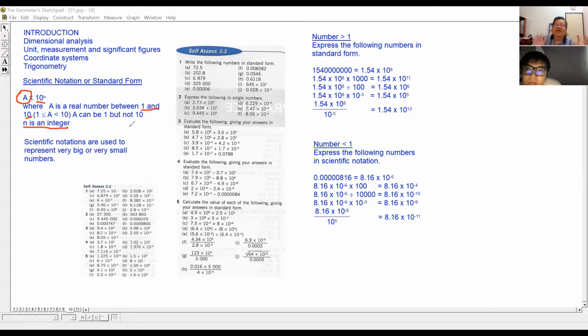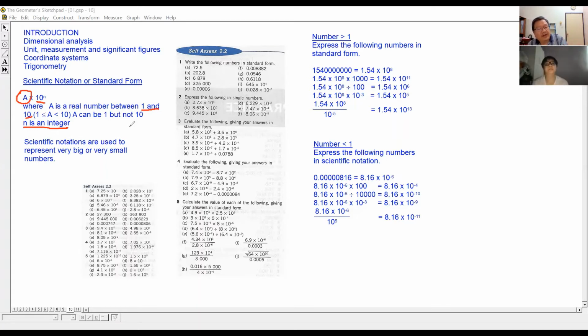A number followed by 10 to the power of something. The number in front, which we call A, is between 1 and 10. So it can be 8, it can be 9, but it cannot be 10. It can also be 1 or 1 point something, or the biggest is 9 point something, but cannot be 10.